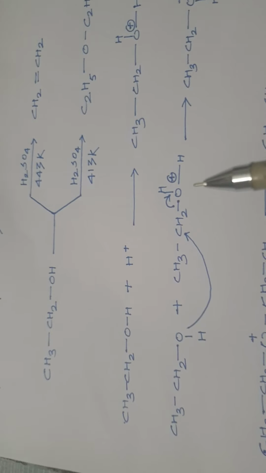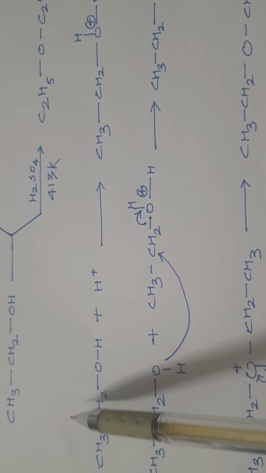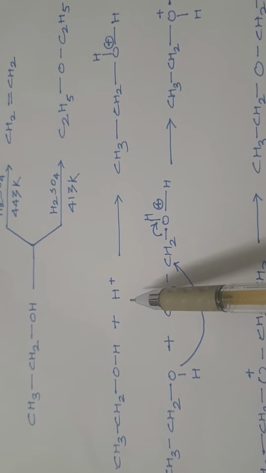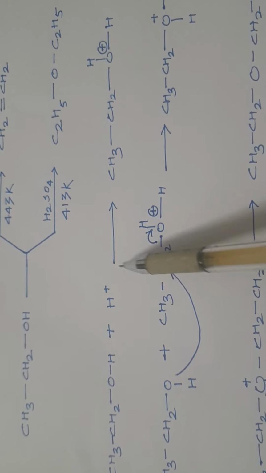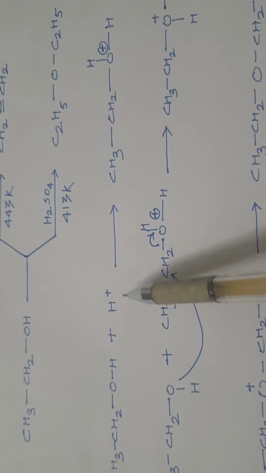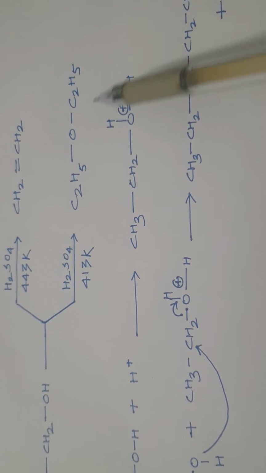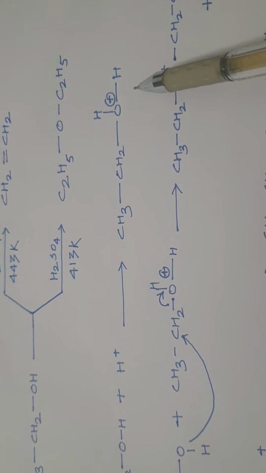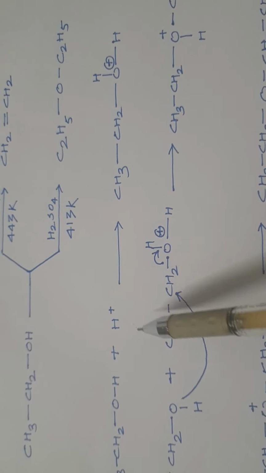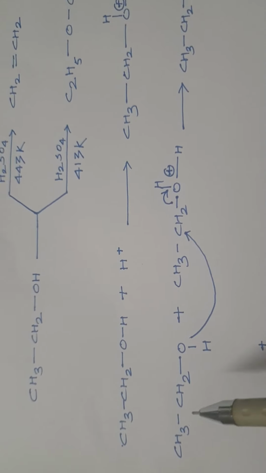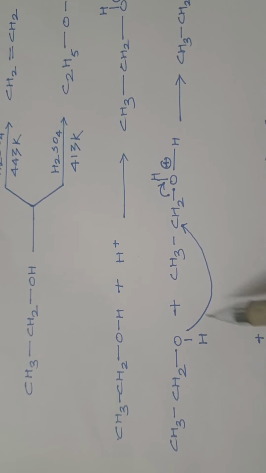The mechanism goes very simple. I have ethanol. Ethanol undergoes protonation. The proton comes from the acid, thus giving us protonated alcohol. So this is our protonated alcohol. This protonated alcohol is attacked by another molecule of alcohol.